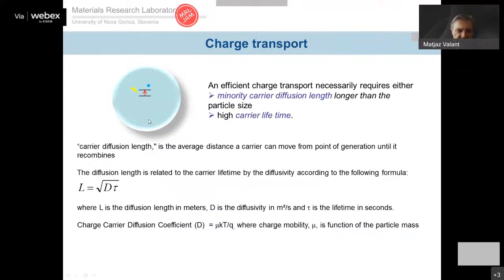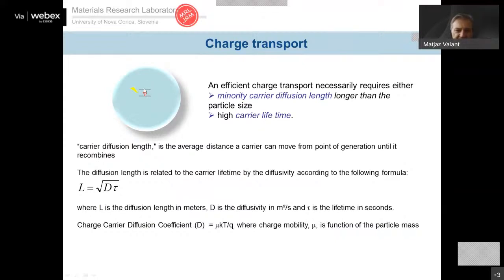So in this case, some other processes can happen. This illustration here shows that we lost the electron. It didn't reach the surface. So what happened? Actually, there are also some traps and some recombination sites in the material where this already dissociated electron can recombine during its diffusion towards the surface.